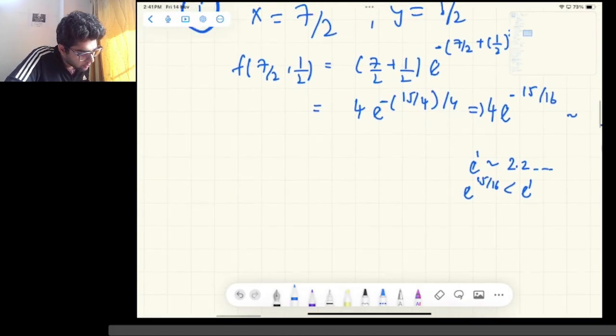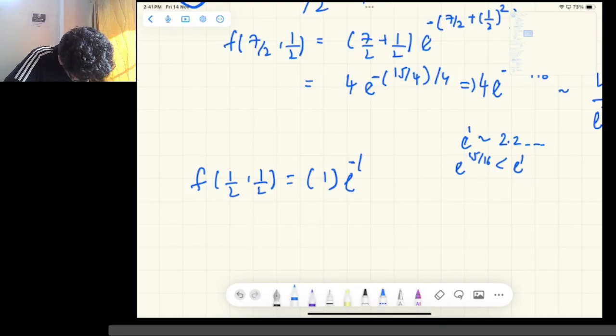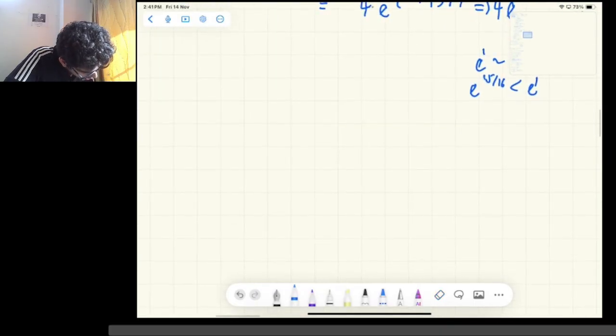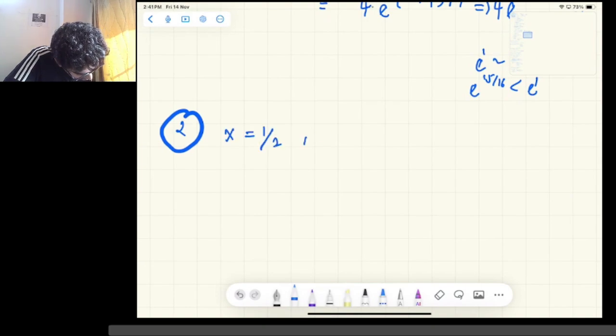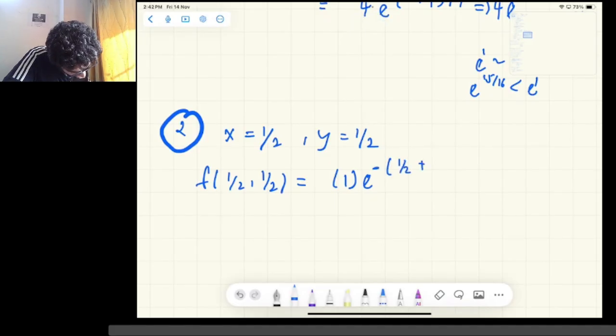Now we need to find the value of f of half comma half. Our second point was x equal to half, y equal to half, and if I find the value of the function at half comma half, it gives me x plus y equal to 1, times e to the power minus (half whole square plus half square of half) divided by 4.